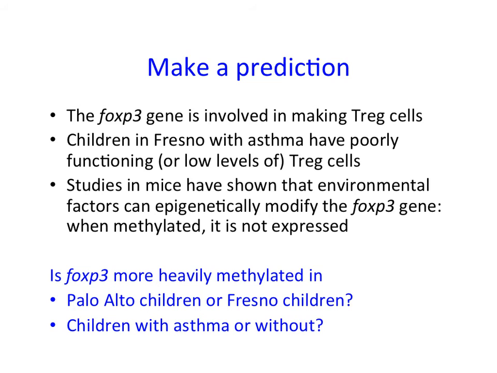Here's the connection. Studies in other organisms have suggested that epigenetic changes can modify expression of the FOXP3 gene. What sort of epigenetic changes would we be talking about here? Pollution. Pardon? Pollution. So pollution might be the trigger. Oh, methylation.